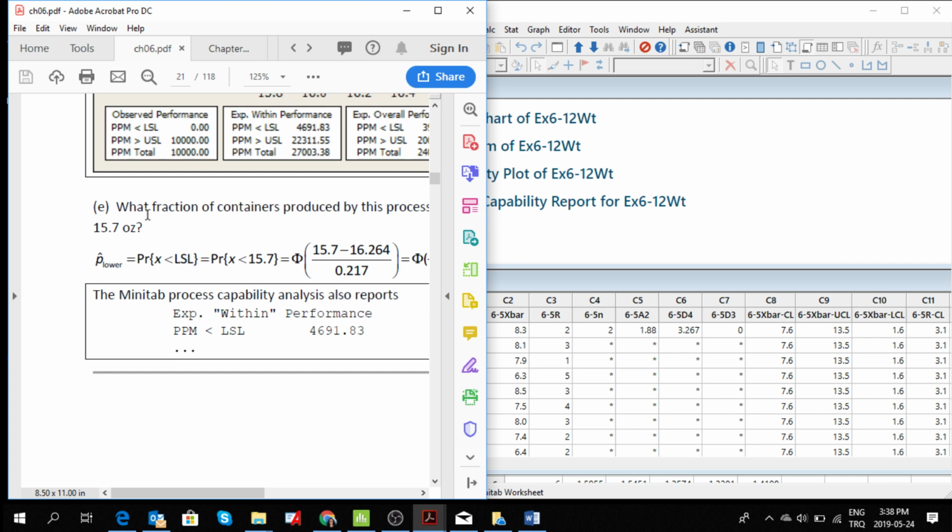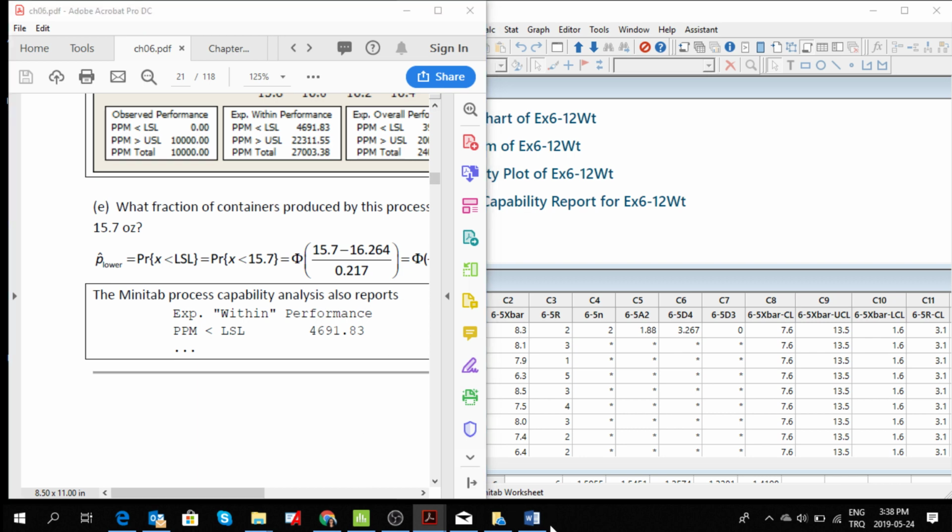So this is a normal distribution. We have to convert it to standard normal. So 15.7 minus the mean over sigma. And we get that information from our table up here.